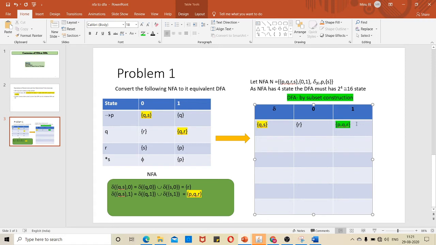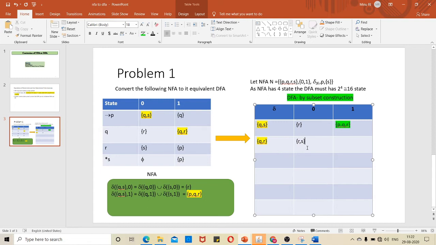So this is another new state we will get. Before that we will complete this state also. So here q comma r, you check with q. In q when it is 0 it goes to r, so simply add r. Likewise in r when it is 0 it goes to s, so add s, that's it.